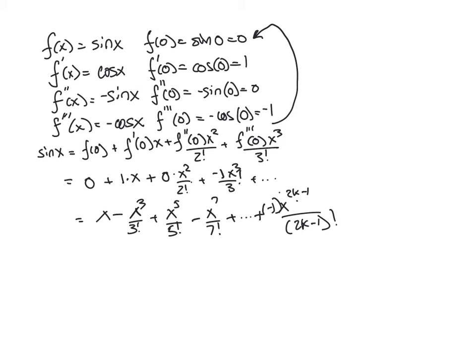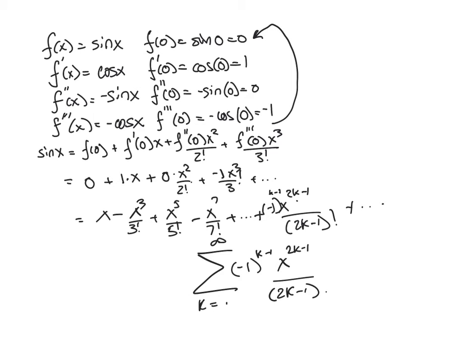When k is 1, you want it to be positive, so that's going to be k minus 1. And in sigma notation, that would be sum k equals 1 to infinity of negative 1 to the k minus 1 x to the 2k minus 1 over 2k minus 1 factorial.